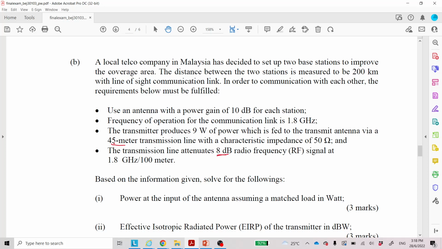If we get the ratio, 45 meter divided by 100 meter multiplied by 8 dB, you get around 3.6 dB. So this is the LT.